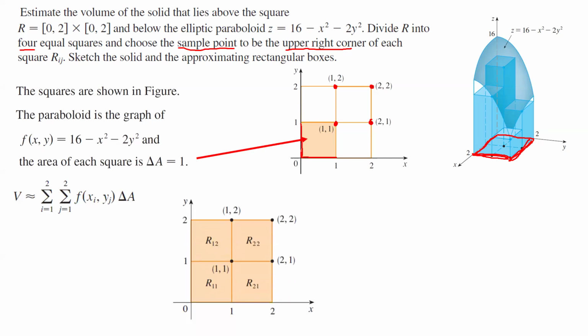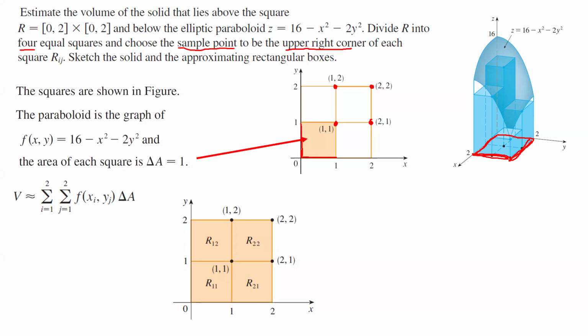Take a look. Here you have your grids for this small rectangular base. We divided that into 4 equal squares. We call the first area R sub 1 and 1, using the same upper corner on the right-hand side, which is your sample point.